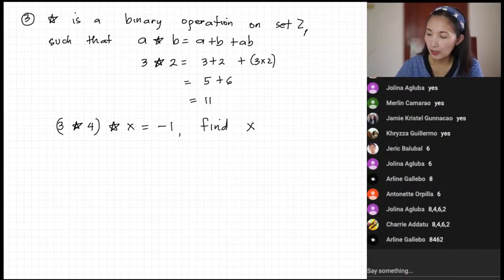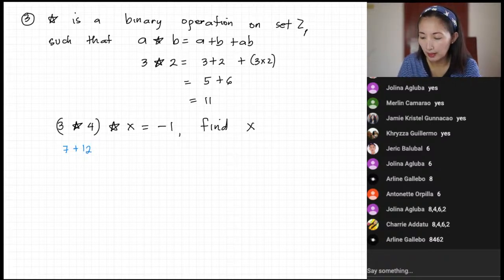So let's first simplify that in the parenthesis. What will be 3 star 4? Add the two, 3 plus 4, that is 7. Let's do it step by step then. 7 plus, add it to their product. 3 times 4 is 12.